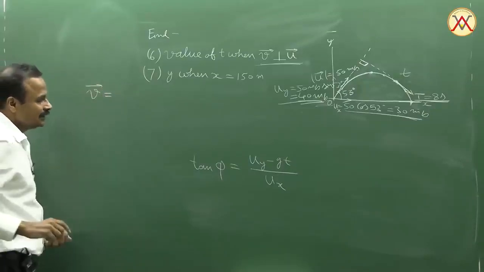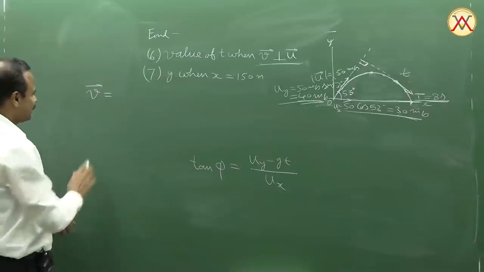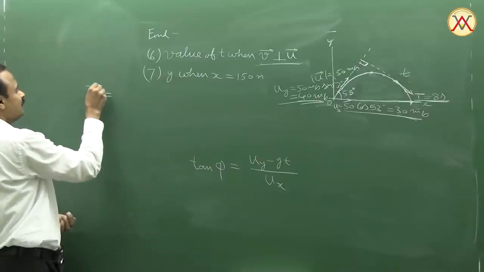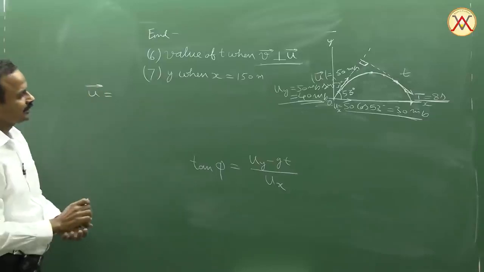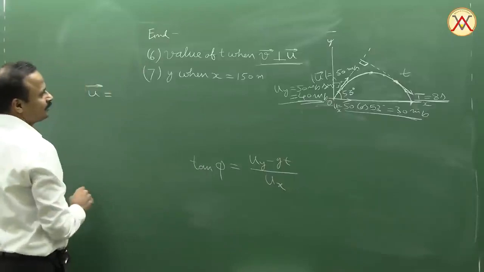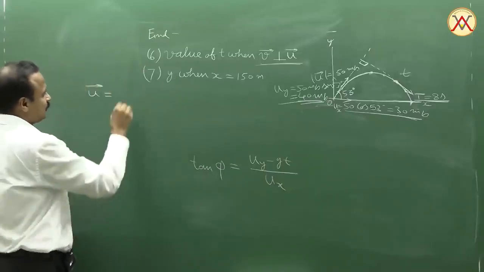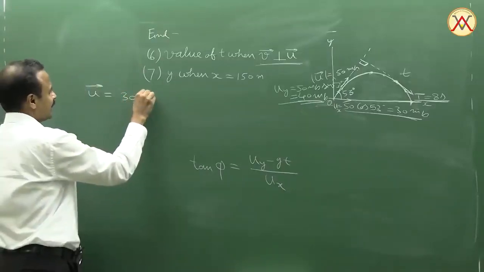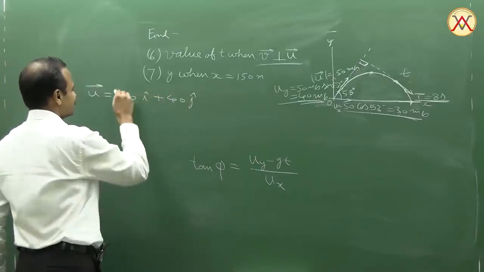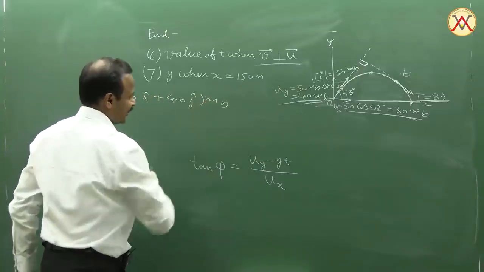Let's first write the u vector, then it will be easier to write the v vector. So the u vector we can write as 30 i cap plus 40 j cap. This is in meters per second.